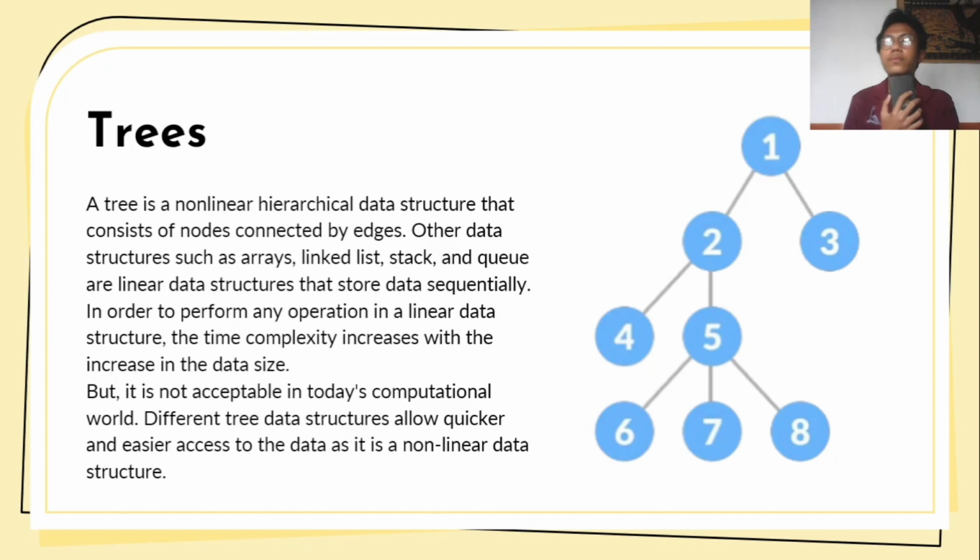In order to perform any operation in a linear data structure, the time complexity increases with the increase in the data size. But it is not acceptable in today's computational world. Different tree data structures allow quicker and easier access to the data as it is a non-linear data structure.